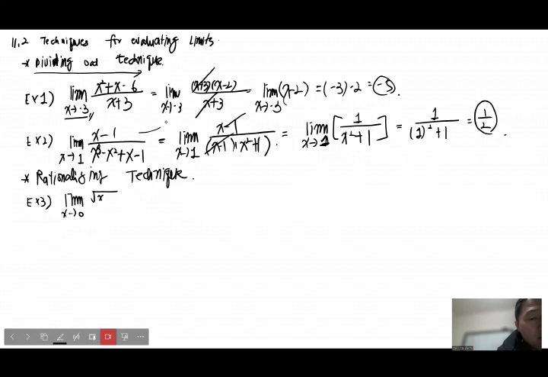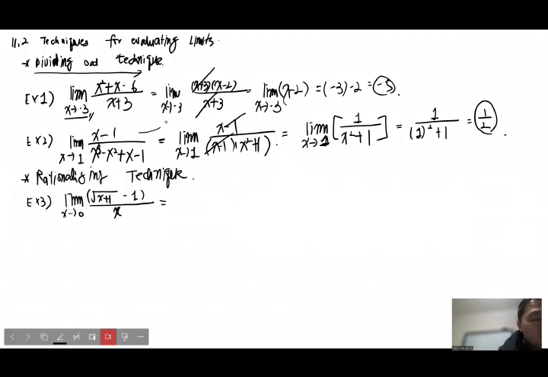That is, the numerator is square root of x plus 1 minus 1, and the denominator is x. In this case, we have to convert these numerator and denominator terms with an additional multiplication. We rationalize the numerator and denominator, which helps us plug the x value into the modified function.